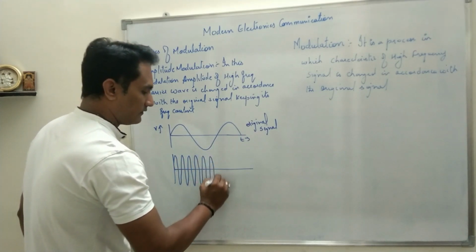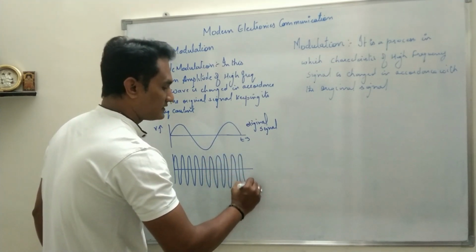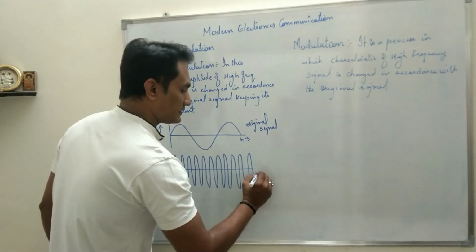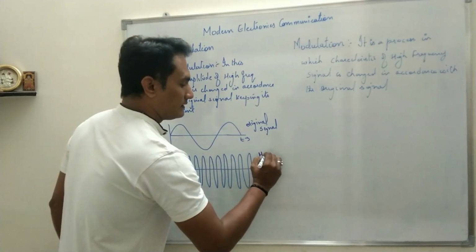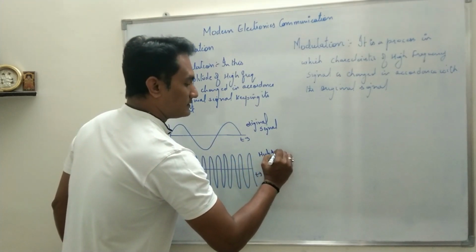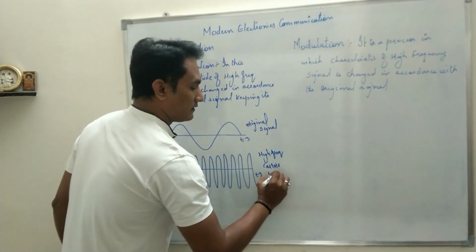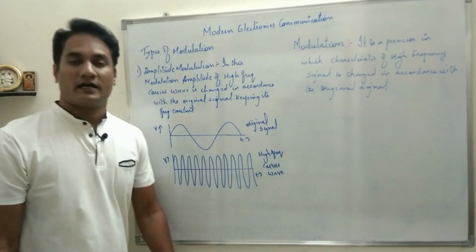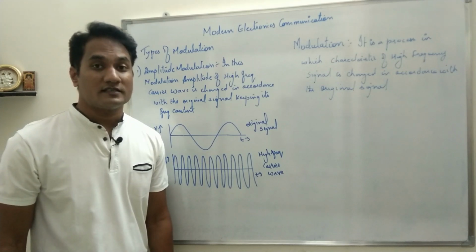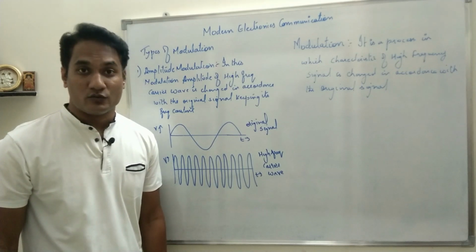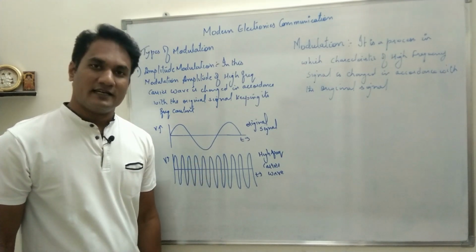We have to modulate these two, that is, mix these two signals. This is time period, this is V. Okay, so this is the high frequency carrier wave, and then we have to modulate. And what is the modulation process? We have to change the amplitude of the high frequency carrier wave in accordance with the original signal.